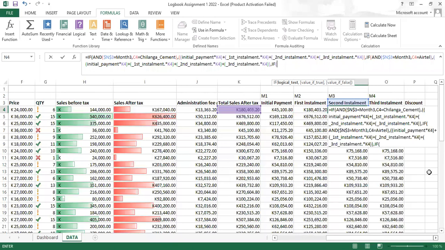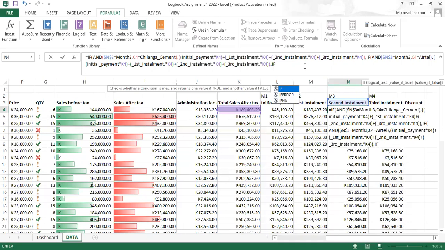Okay, we're still on second installment. Or we can just copy that one again. Sometimes I don't like troubling myself. Let's just copy the formula.